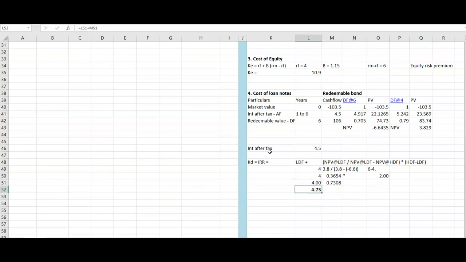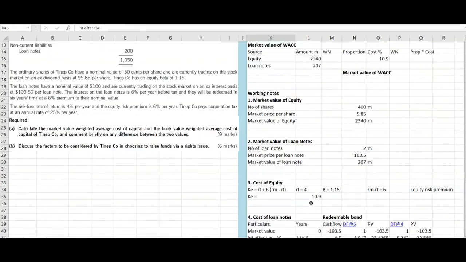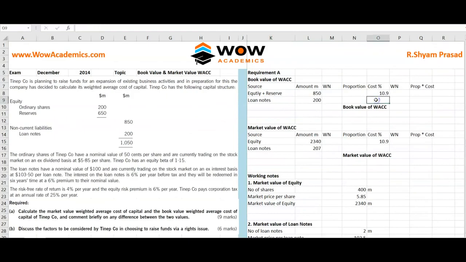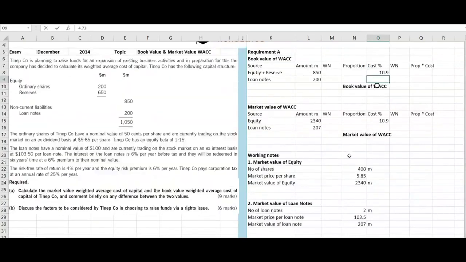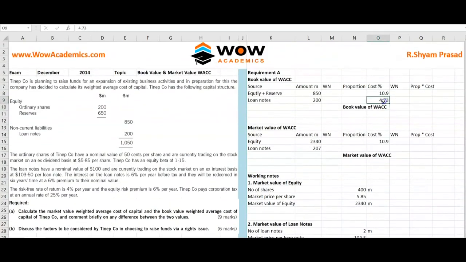So now, as we have got our KD, it's quite simple. We can take this 4.73 to our table. I think that's what we got. Yes. So we can take that number. From here on, it's very simple multiplications.